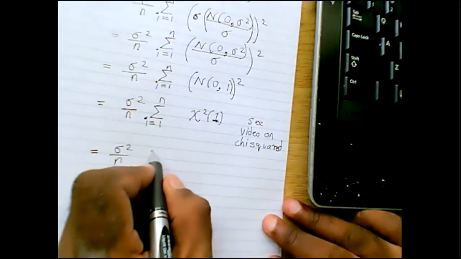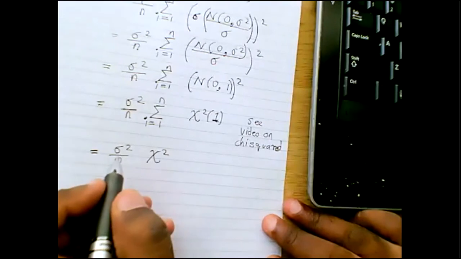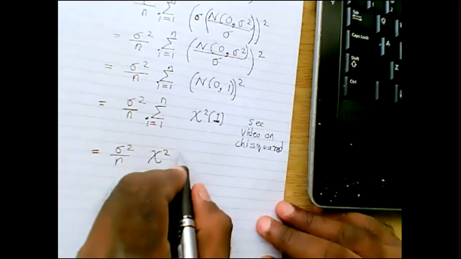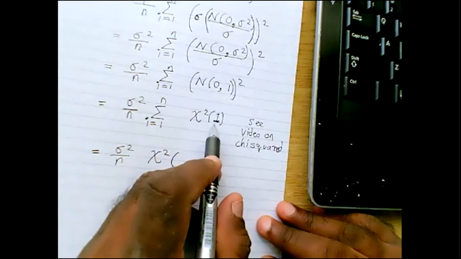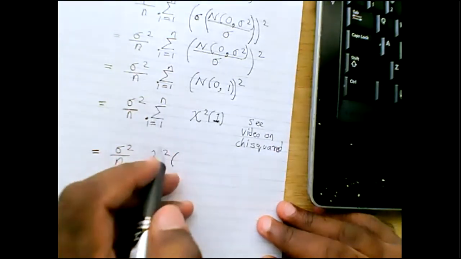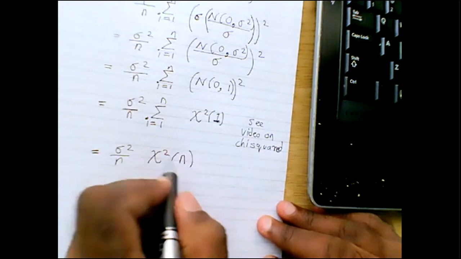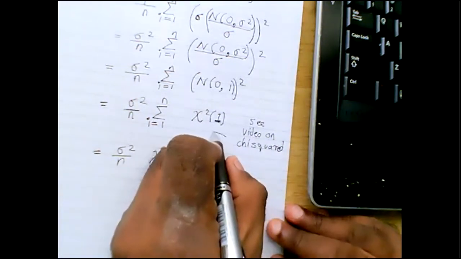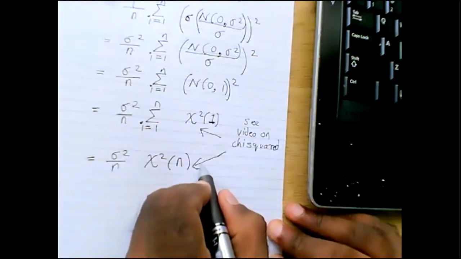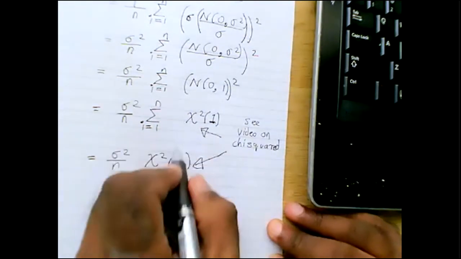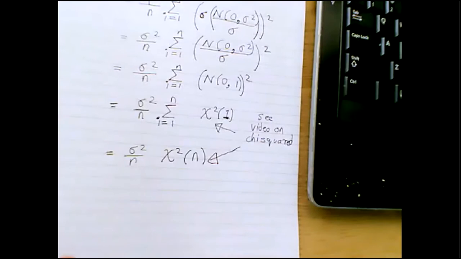What you get is a chi-squared variable with degrees of freedom equal to the sum of 1 for i from 1 to n, which is n. If you want to know where these two steps came from, please look at the video.